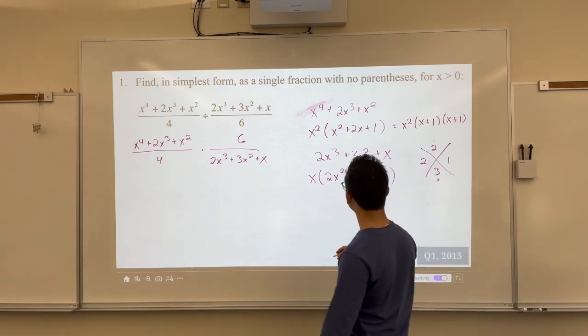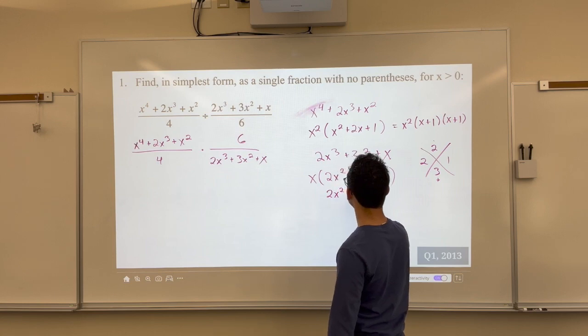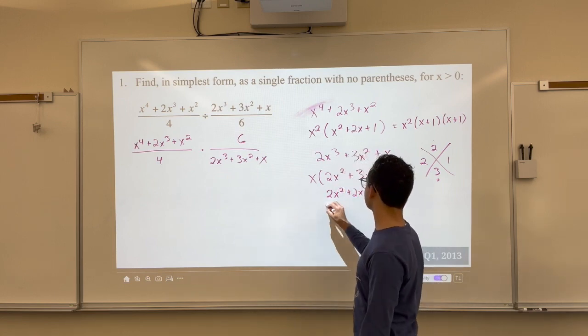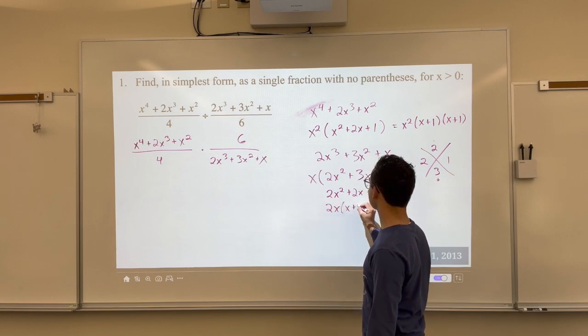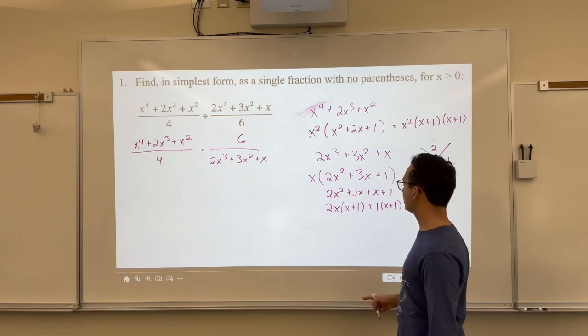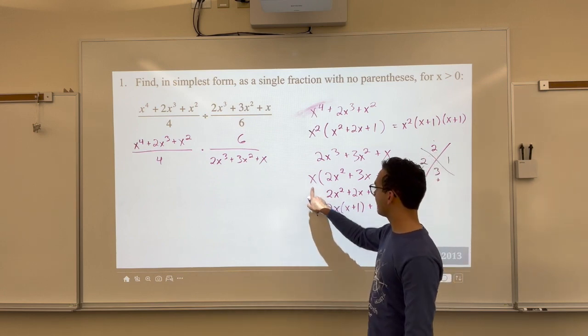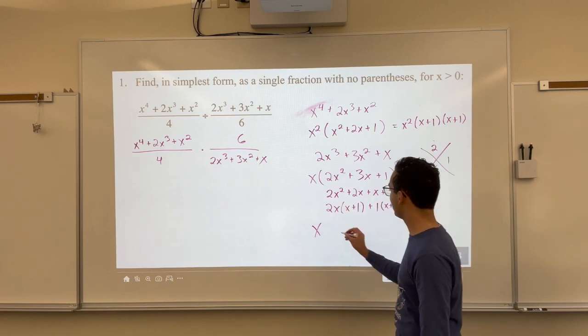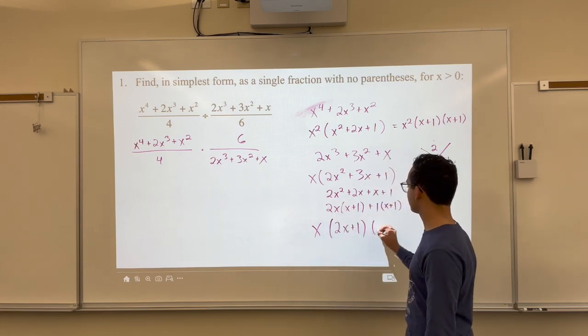So it ends up being 2x squared plus 2x plus x plus 1. And that ends up being 2x times x plus 1 plus 1 times x plus 1. So the factored version of all of this, remember we have an x originally, and then we're going to have a 2x plus 1, and then we're going to have an x plus 1.